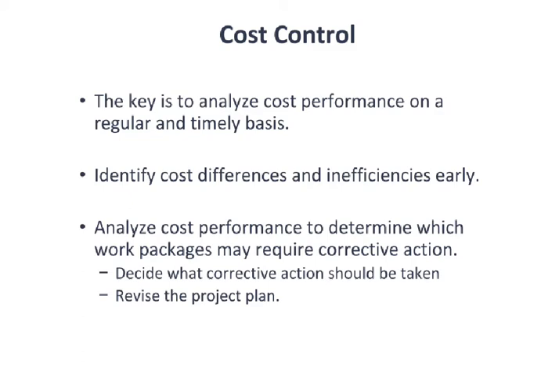What we're going to do at each step is identify cost differences. If we are performing well, great. If we're not performing well, then we need to think about what we are going to do to make a corrective action. And so we're going to have to look at this data at a work package level, activity level, and decide what corrective steps are needed. That could be changing how we're executing the work package.